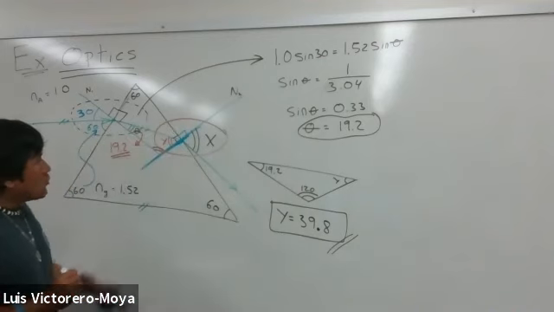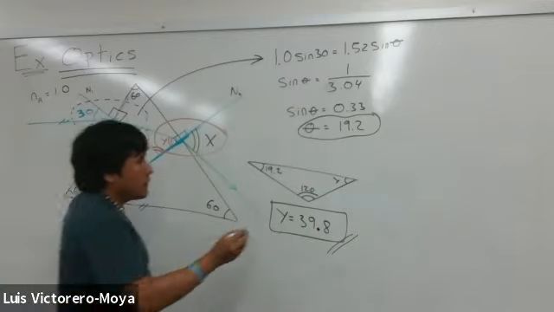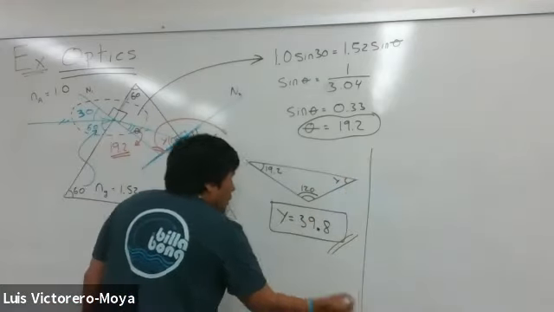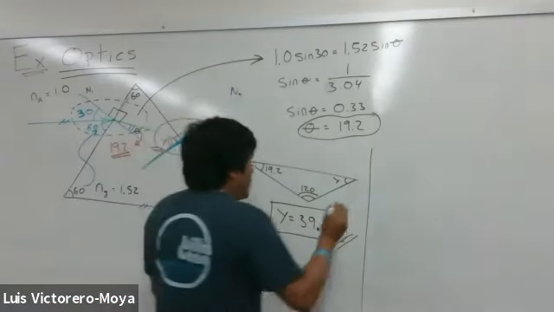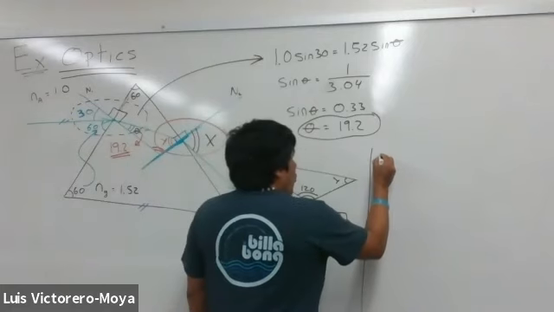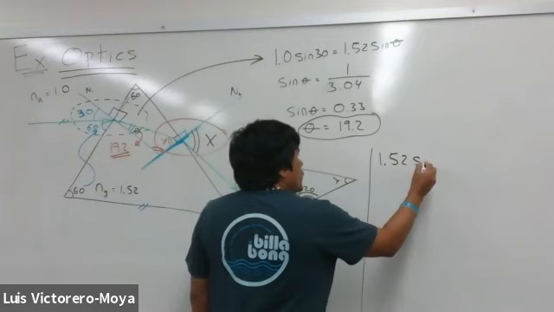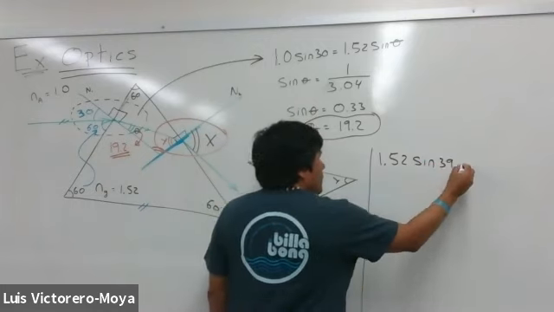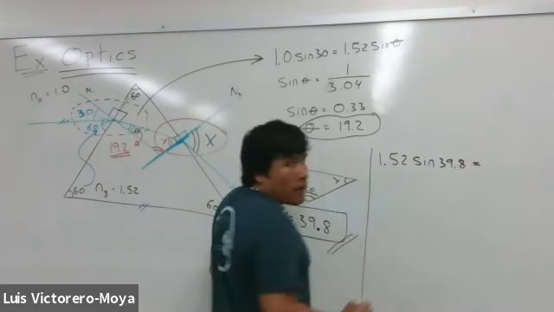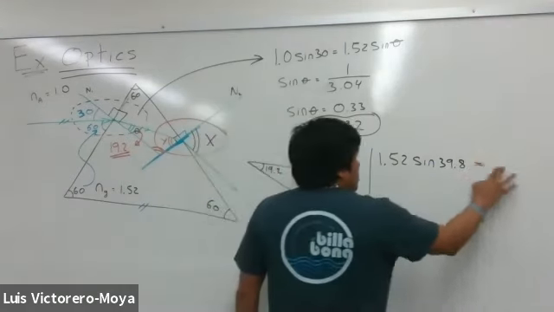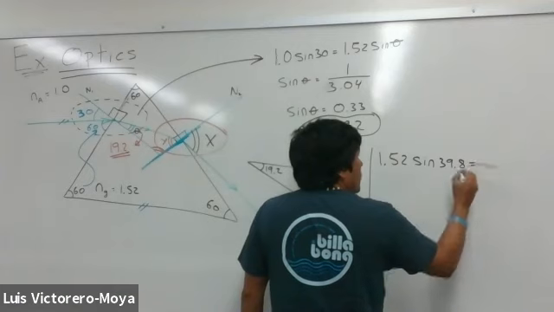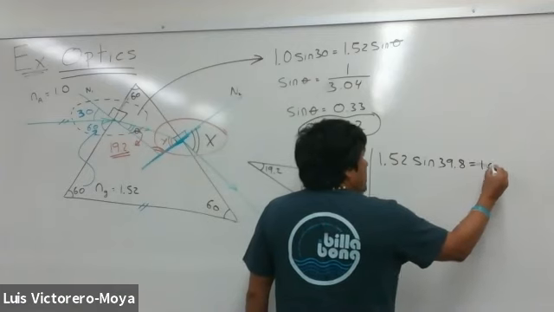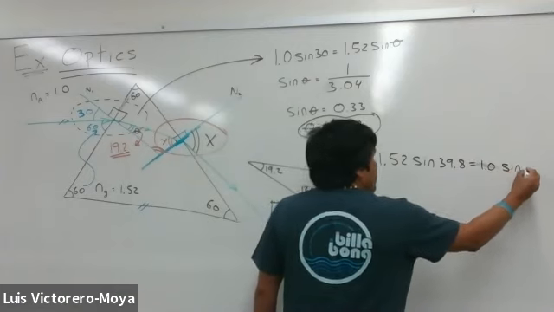And now I can use it to find X here. To find X, I will do 1.52 sine of Y, which is 39.8, equals 1 sine X.